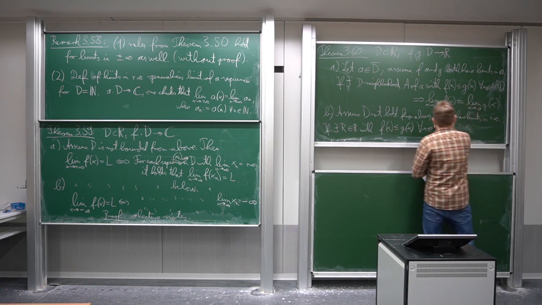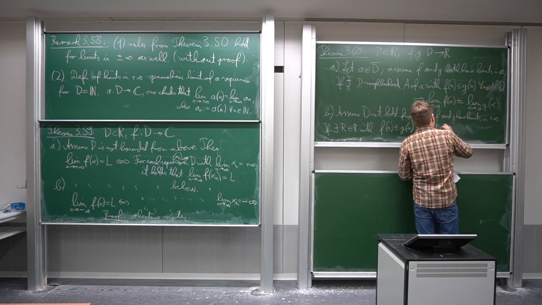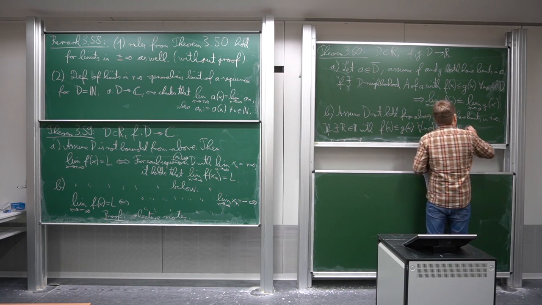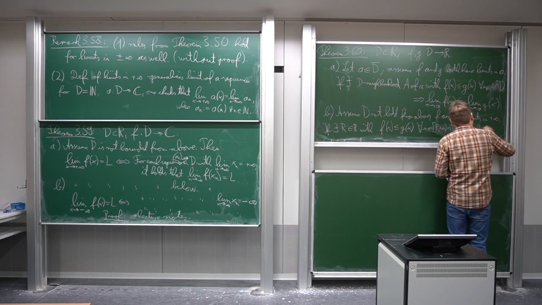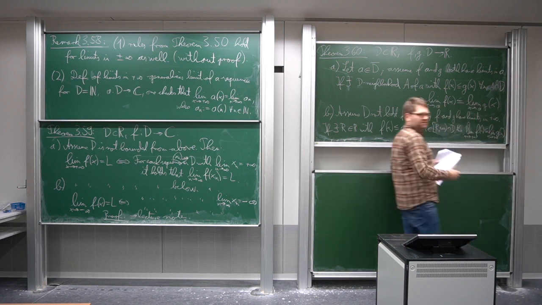let me save some space here because I don't want to start a new blackboard. Then the limit of x going to plus infinity of f of x is smaller than or equal to the one of g of x as x goes to plus infinity. Sorry, I hope it's still readable.